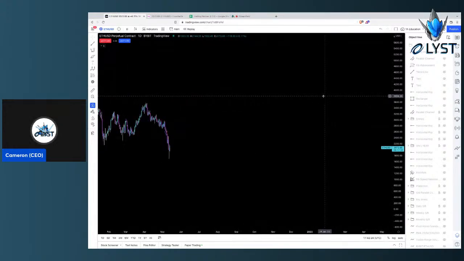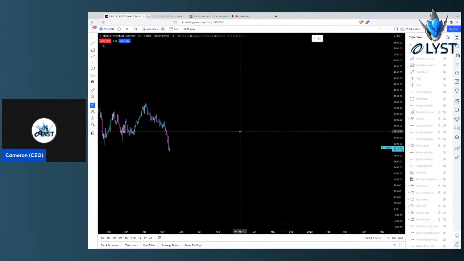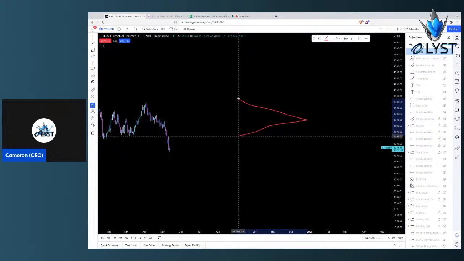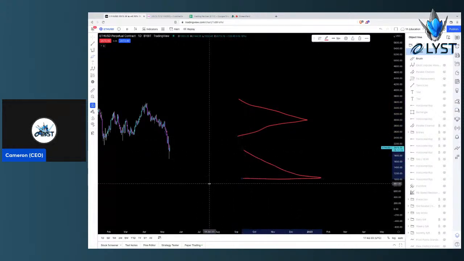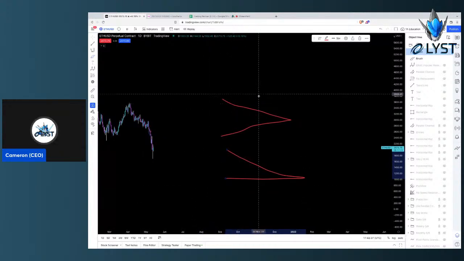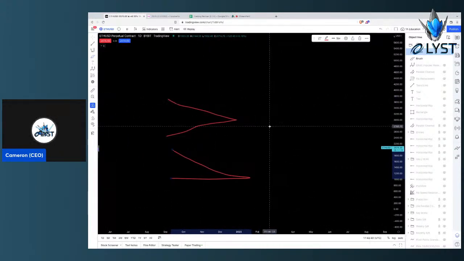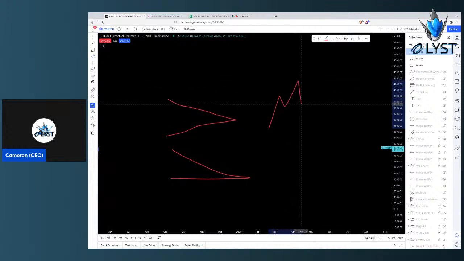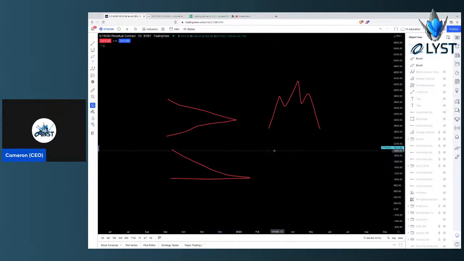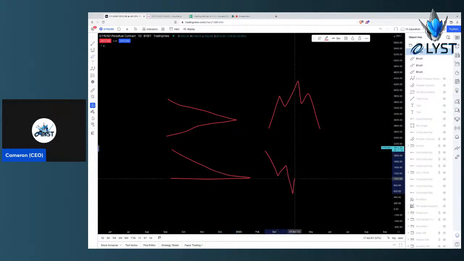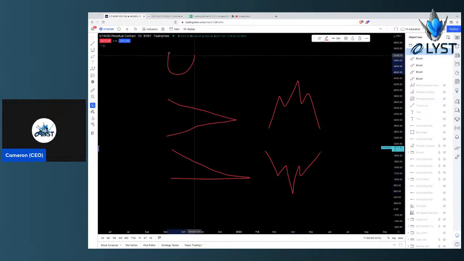But some of the stuff I wanted to talk about with patterns are differences between like a flag and a wedge, right? There's some differences there. Also, we want to go over like head and shoulders and a reverse head and shoulders. You know, kind of things like that. There's, you know, kind of like cup and handles that we see.